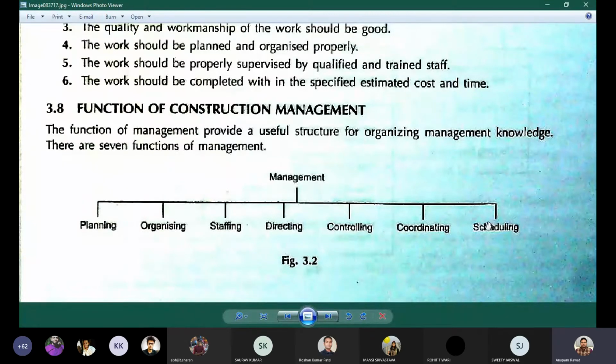There is directing staff also, and there are controlling authorities and staff, and coordinating between the different streams of the staff, and scheduling is also there using the various CPM methods.